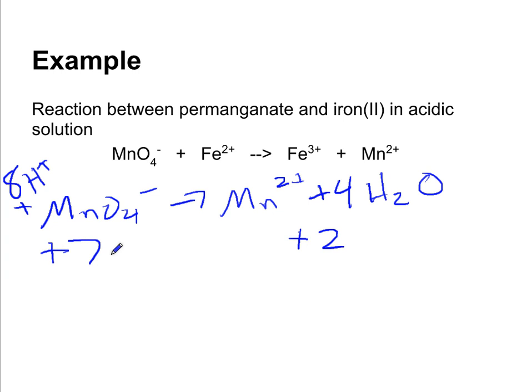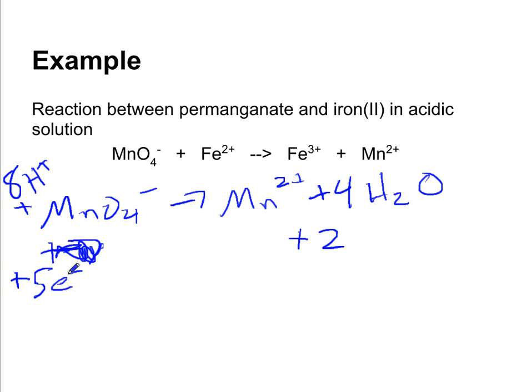We need to make them equal, and we're going to do that by adding electrons, by making the reactant side more negative. We're going to take this +7 down to a +2 by adding 5 electrons.